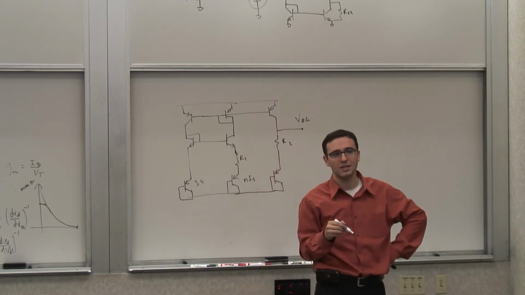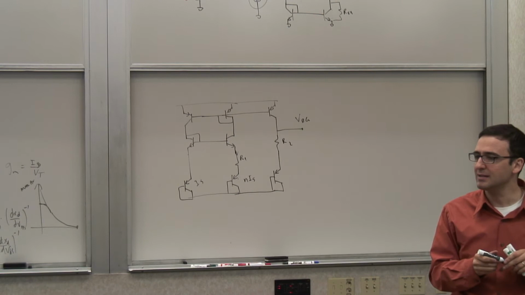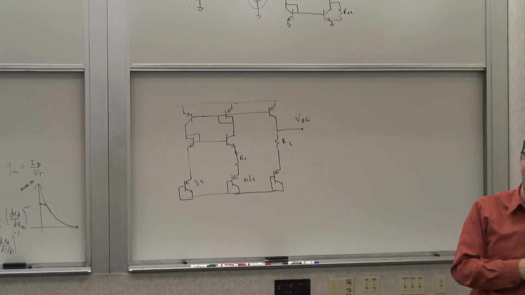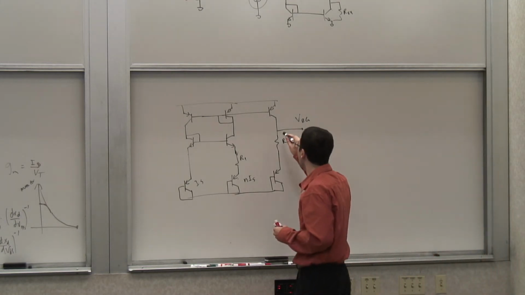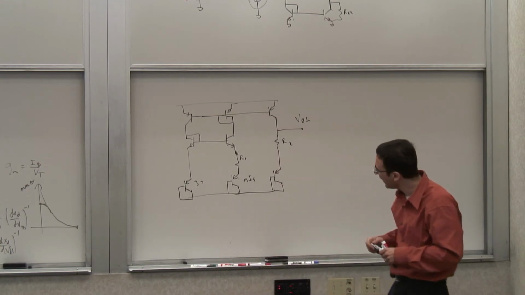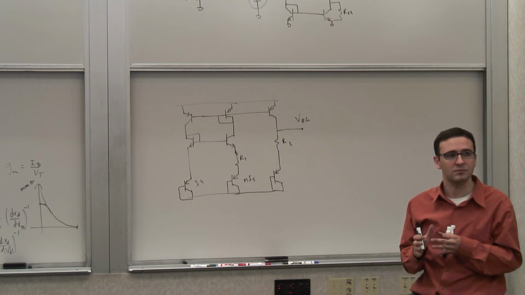So we generated a voltage that was proportional to the band gap of the semiconductor itself. And hence it was very independent of temperature, didn't change with process variations as much, and did not change with the supply at all. And therefore we could use that as a voltage reference, or we could use these currents for current references. And then we put all of this stuff together to make an op-amp, right?